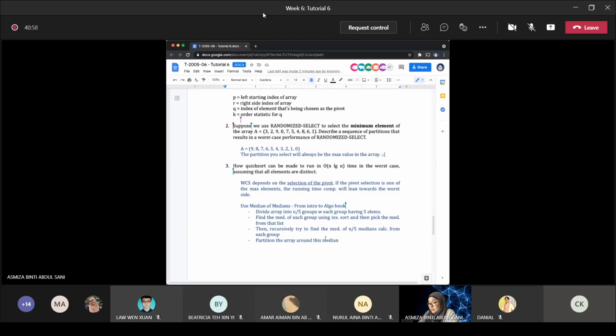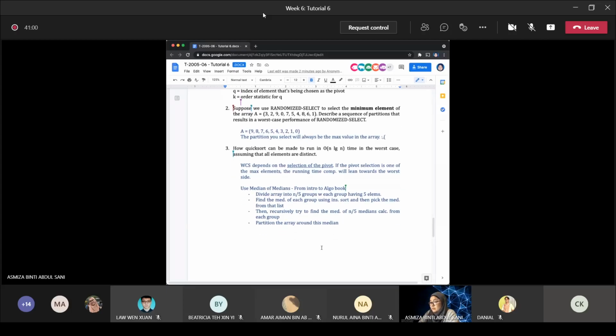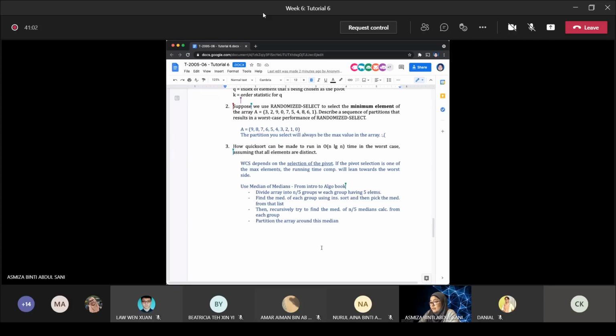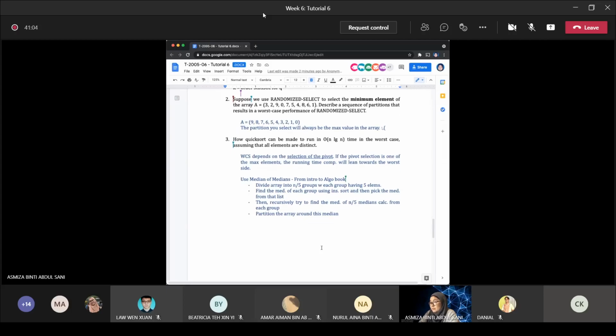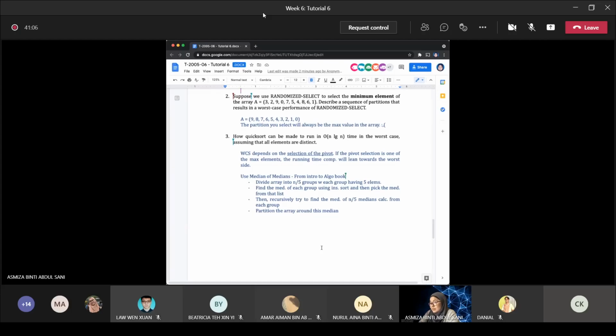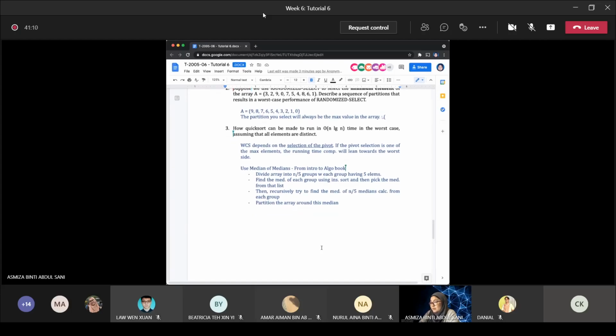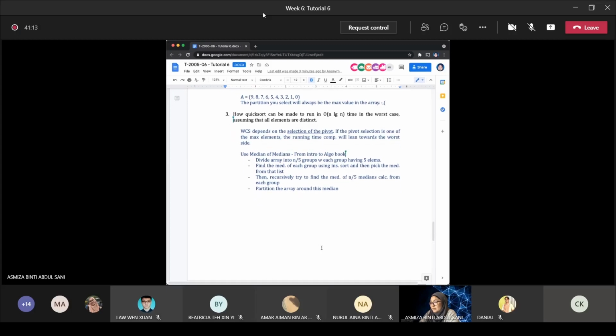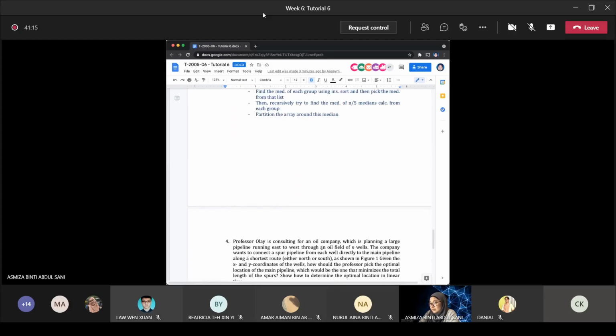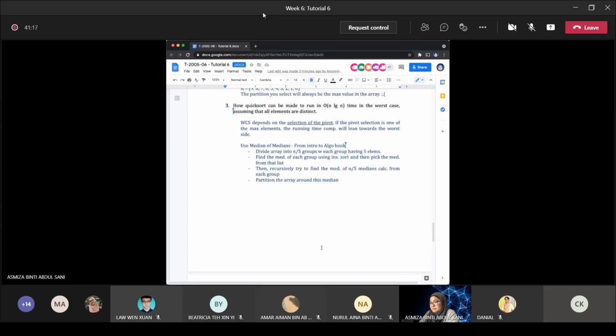So you are using median of medians: group into 5 elements, find the median with insertion sort, then pick the median, then recursively partition the array around this median. So basically what you do is find the median of the array and make it the pivot, right?